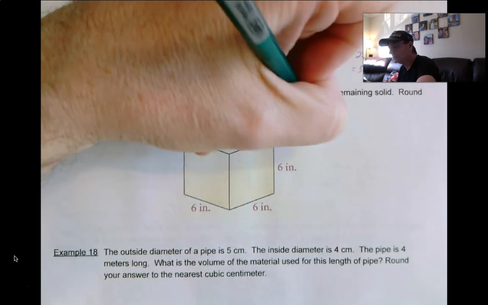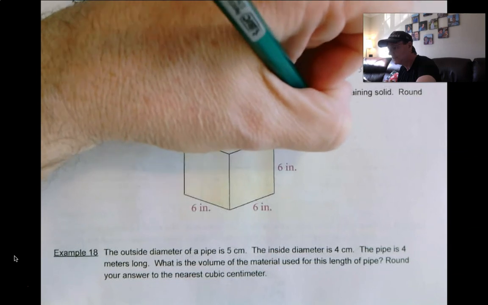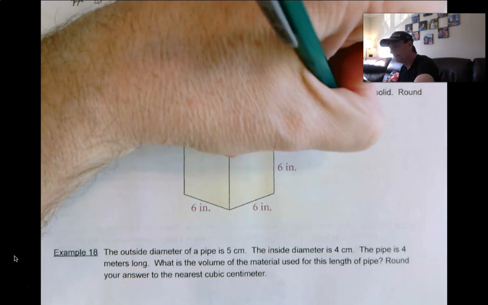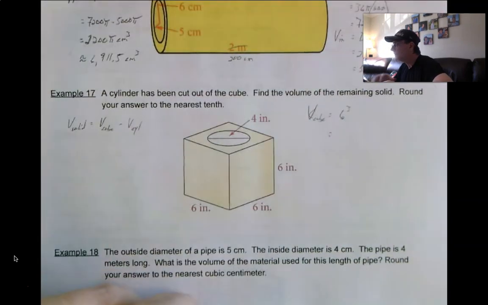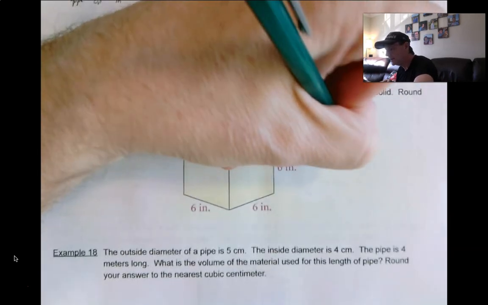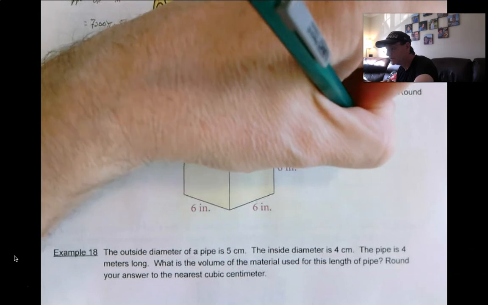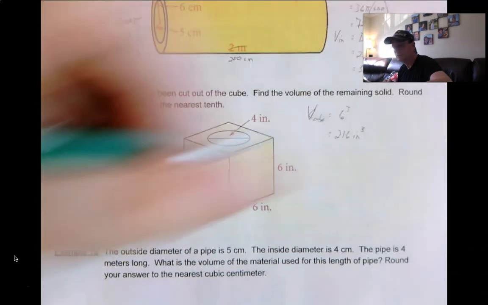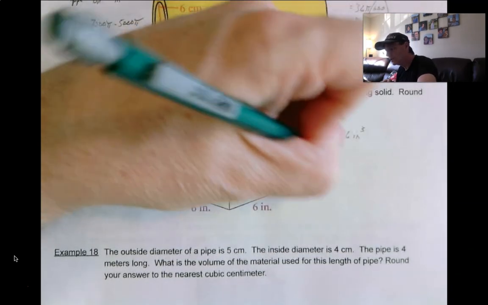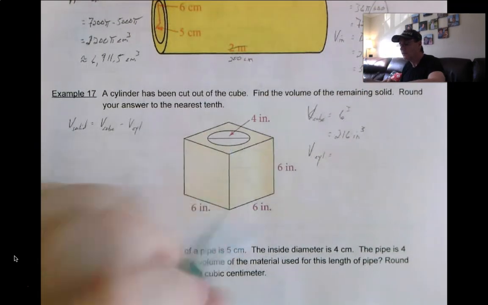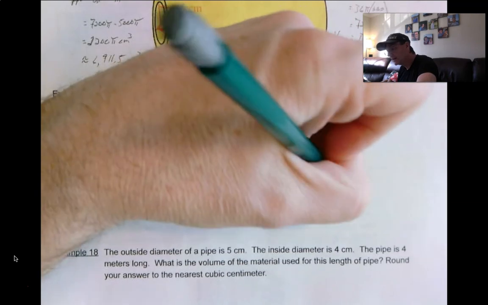Volume of the cube is equal to 6 cubed. 6 cubed, 36 times 6, 216 cubic inches. Volume of the cylinder is area of the base times the height.